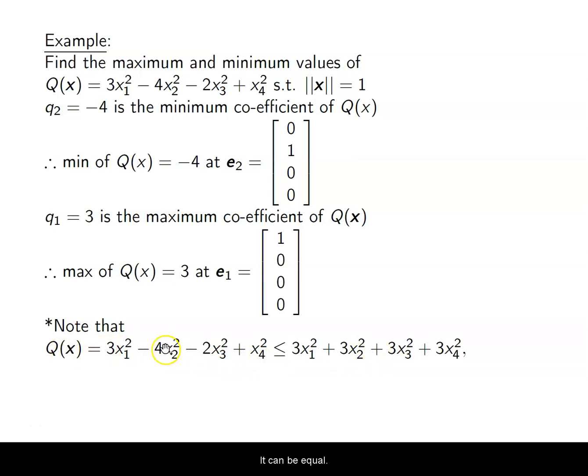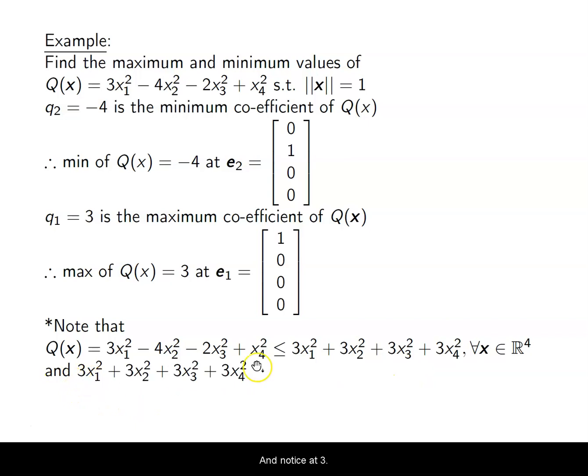It can be equal, but only when this is the only input and everything else is 0, because everything else is taking away from my largest value. And then I have one thing that adds to this, but not very much, right? So this is true for every input value in R4.